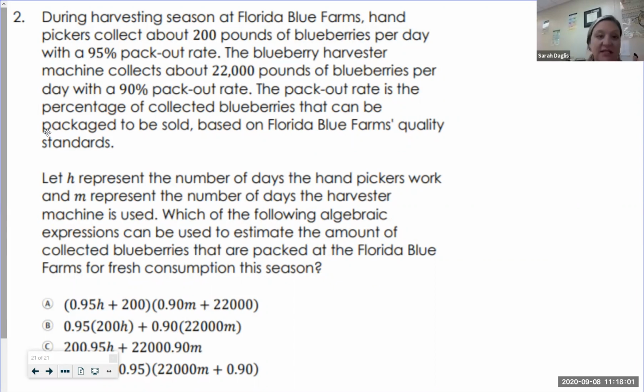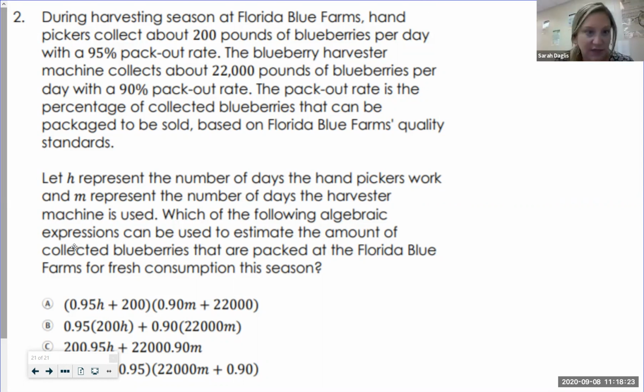The pack out rate is the percentage of collected blueberries that can be packaged to be sold, based on Florida Blue Farms quality standards. Okay, so this is saying that not every blueberry that we harvest is going to be packed. So there's a pack out rate. Sometimes they're not going to meet the standards.